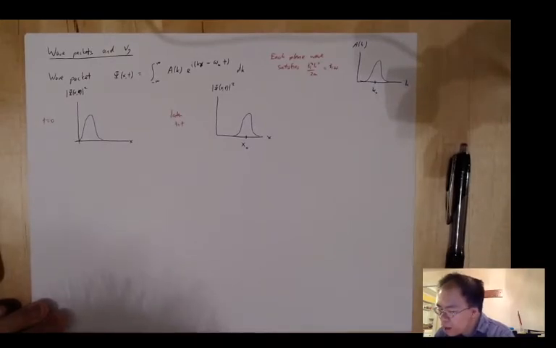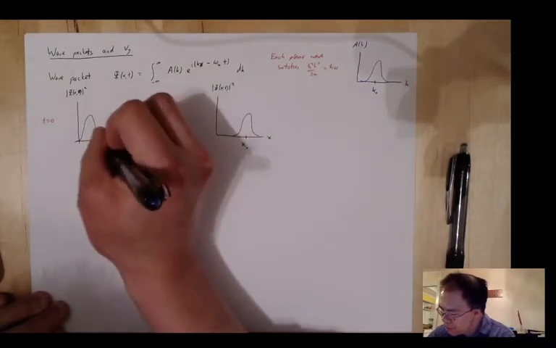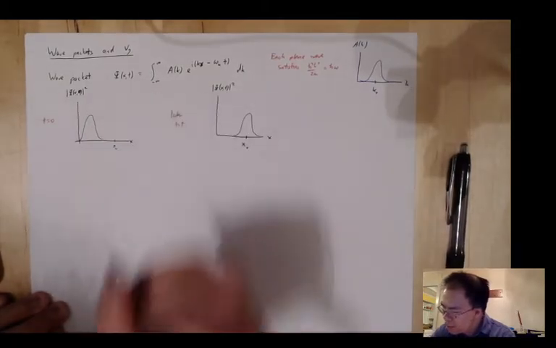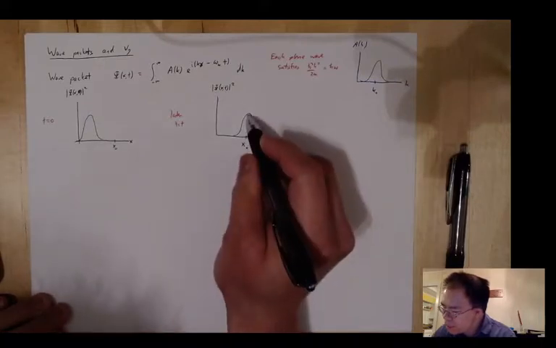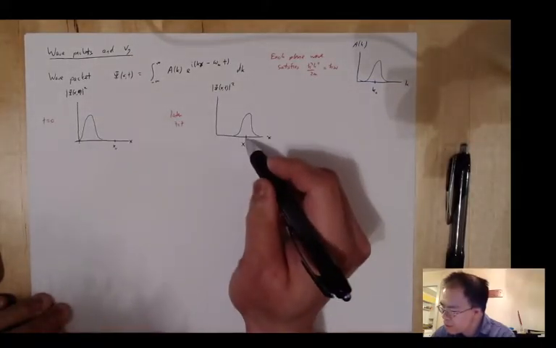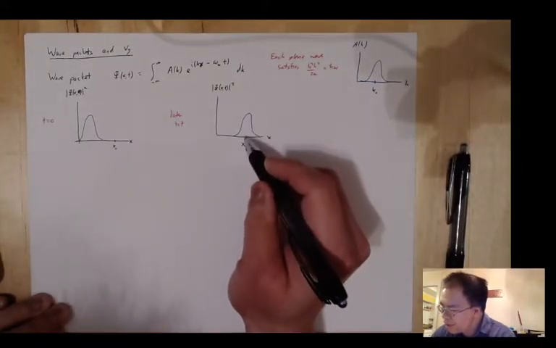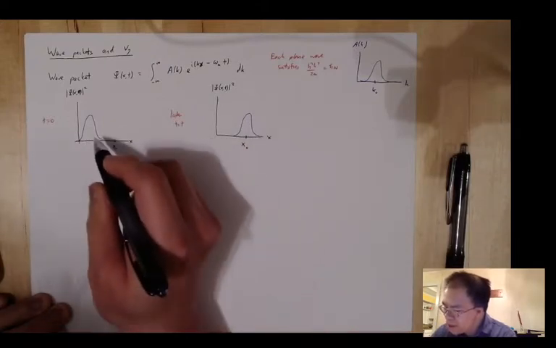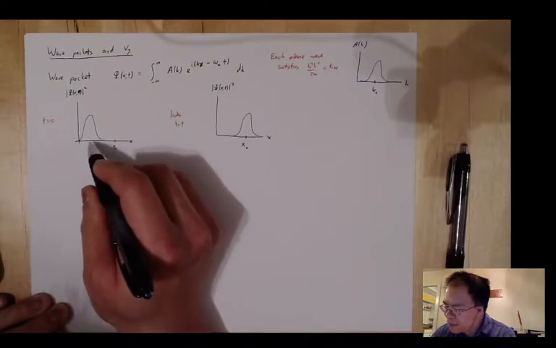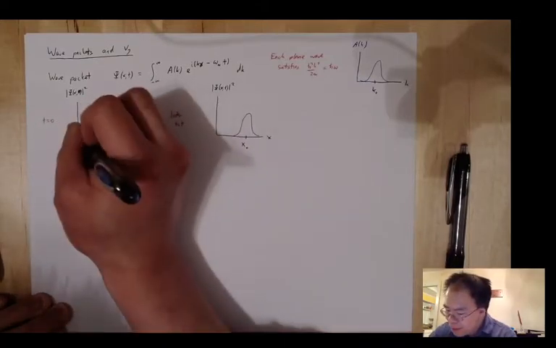What we want is that, here's the same point, x naught over here. We want the probability density at x naught at this time t to be equal to the probability density further back at t equals 0.